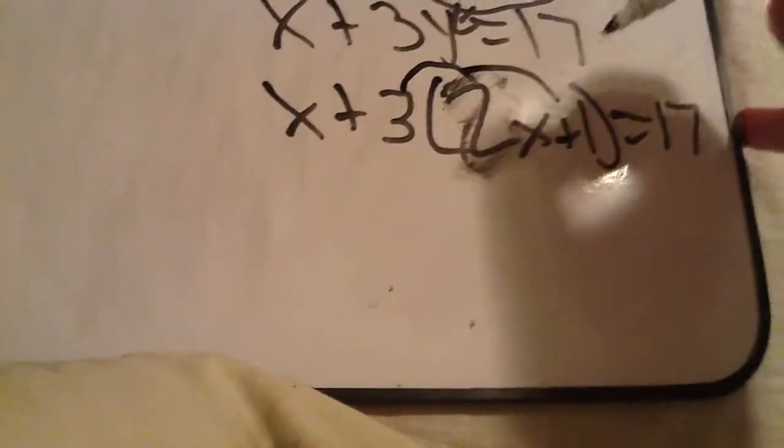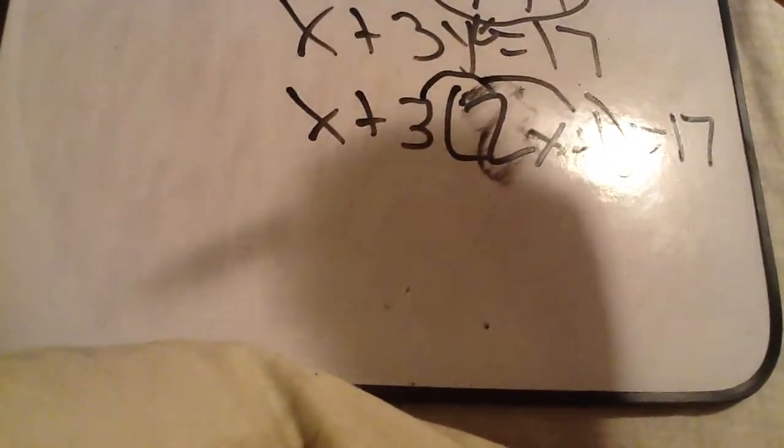Now, I'm going to go like that, times everything by 3 in here. This is a 2 if you can't see it. Now, 3 times 2, 6, x, it's going to be plus 3 equals 17.